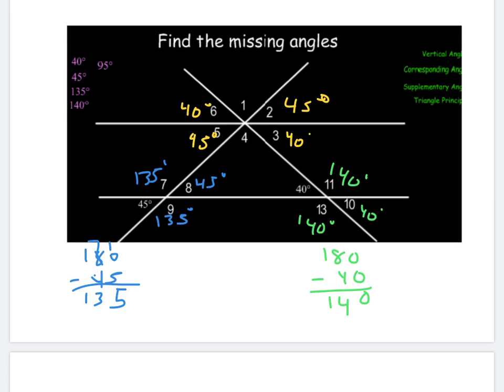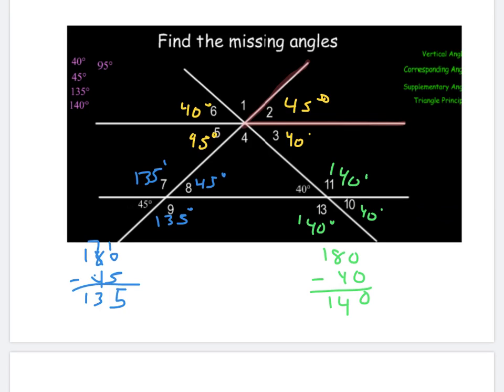So now we have to think about some of the angle relationships that we know in order to get angles 1 and 4. Angle 1 and angle 4 would have the same measurement, because they are vertical, or across from each other. So let's take a look, and I'm going to highlight this here in red for a moment. Angle 2 starts here at this parallel line, and then it goes up here.